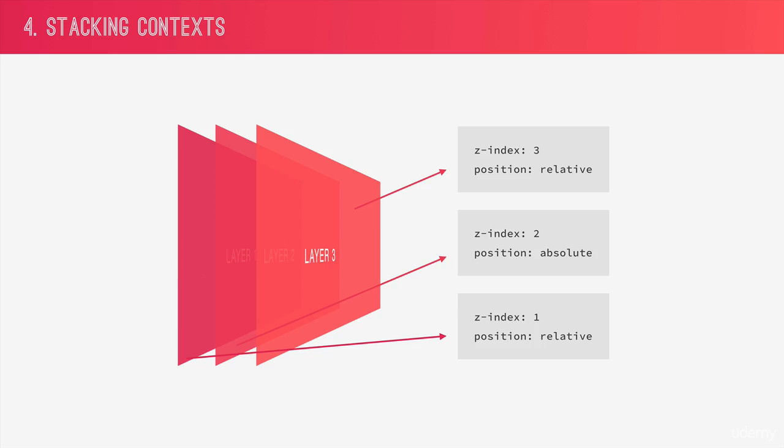An opacity value different from 1, a transform, a filter, or other properties will also create new stacking contexts. That's why sometimes, even with a z-index set on a positioned element, the stacking order doesn't work as expected. But as with everything we talked about in this section, we will see practical applications of all of this in the coding part of the course.